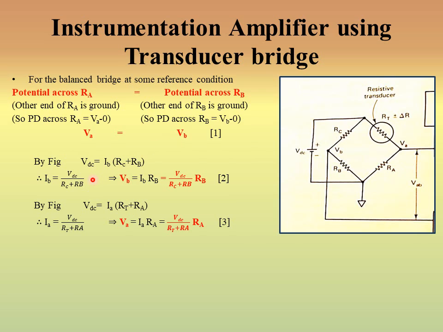Now if we see in the figure, we can calculate VB. How can we calculate VB? For this we'll take different loops. First of all we'll take this loop. From VDC we'll go to RC, then to RB, and then return back to VDC.